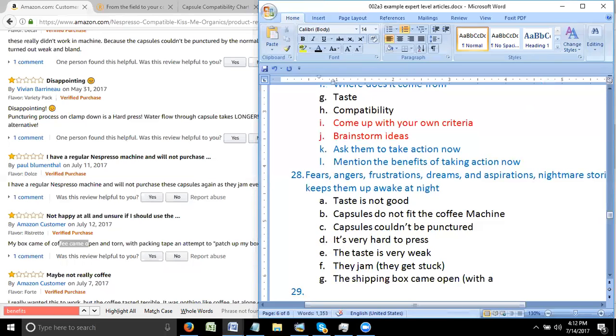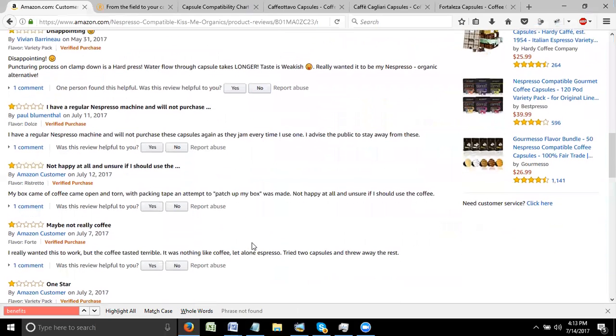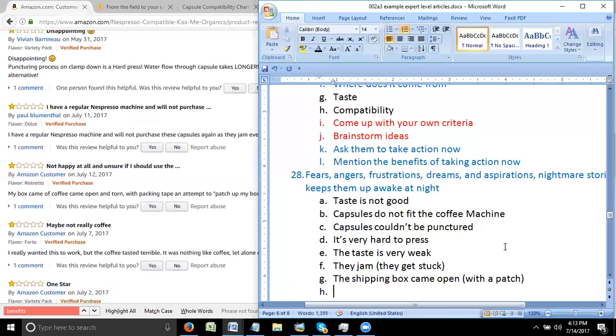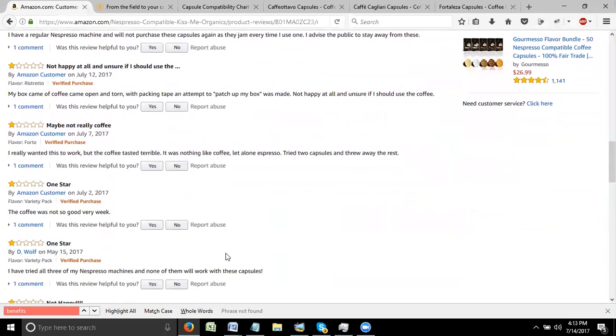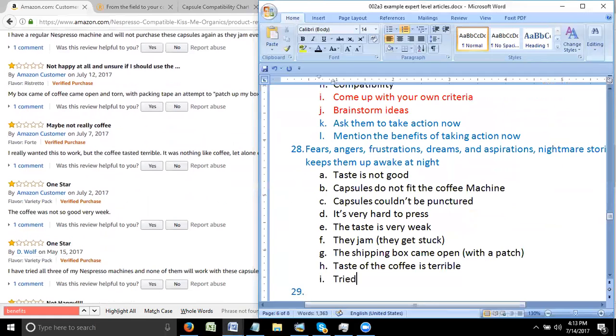With a patch, maybe a duct tape, or a masking tape or a scotch tape. The taste of the coffee is terrible. Tried 2 capsules and threw away the rest.